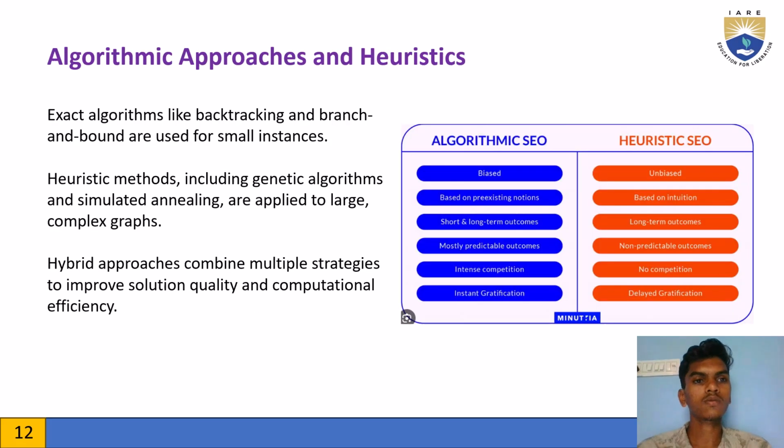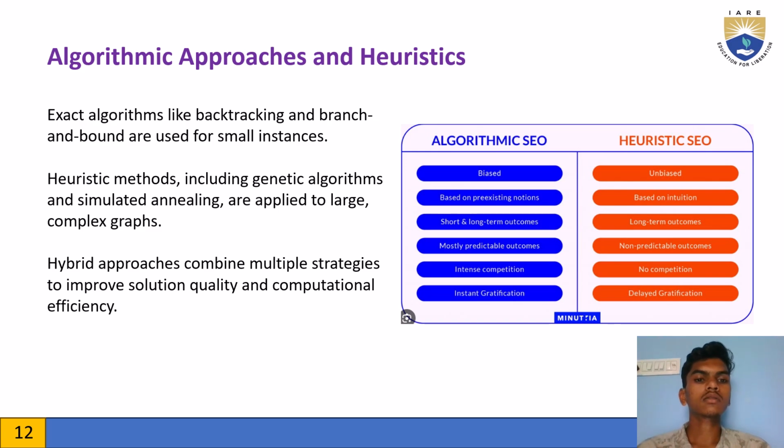And moving forward to our next slide, which is algorithmic approaches and heuristics. Then you can see the images, which are algorithmic approaches and heuristic approaches. Exact algorithms like backtracking and branch and bound are used for small instances.